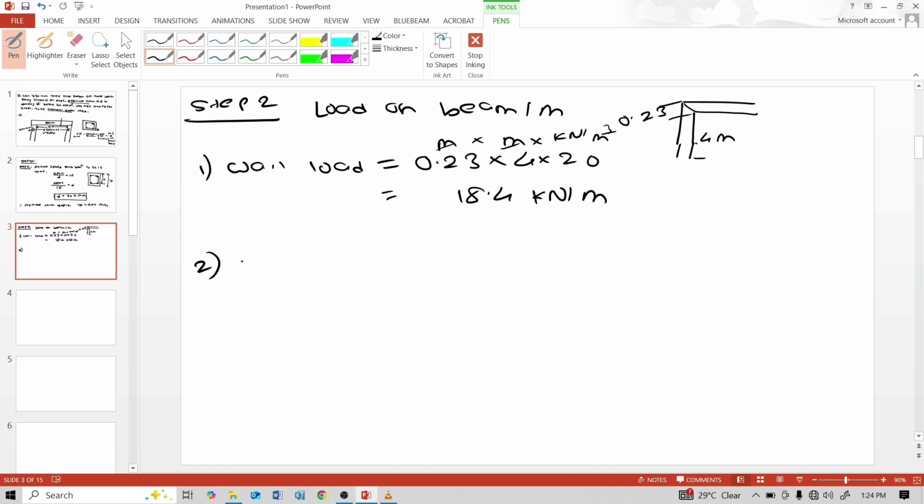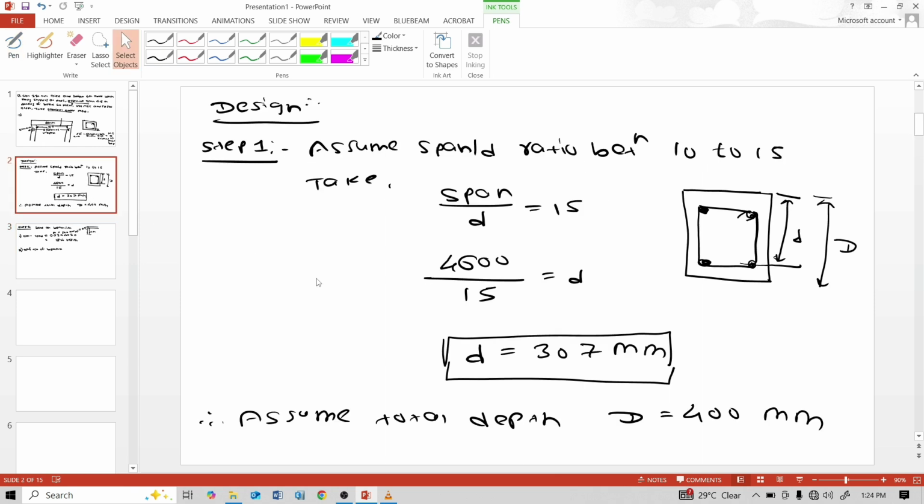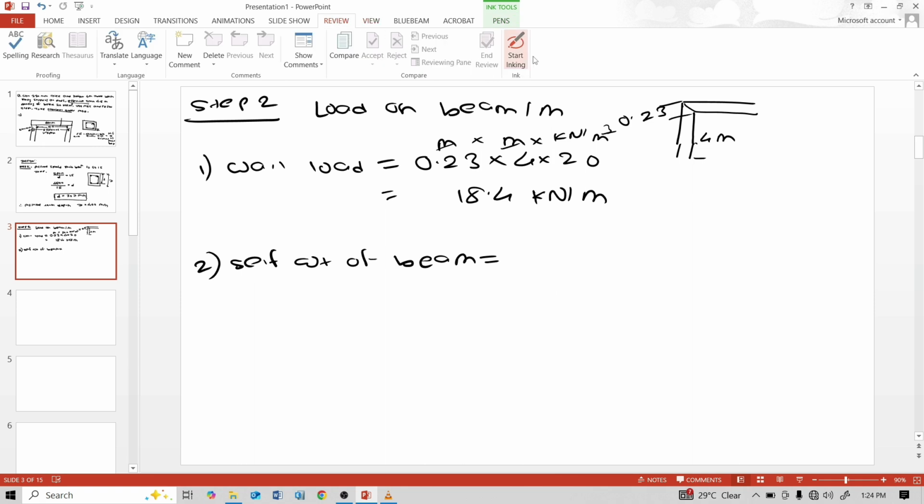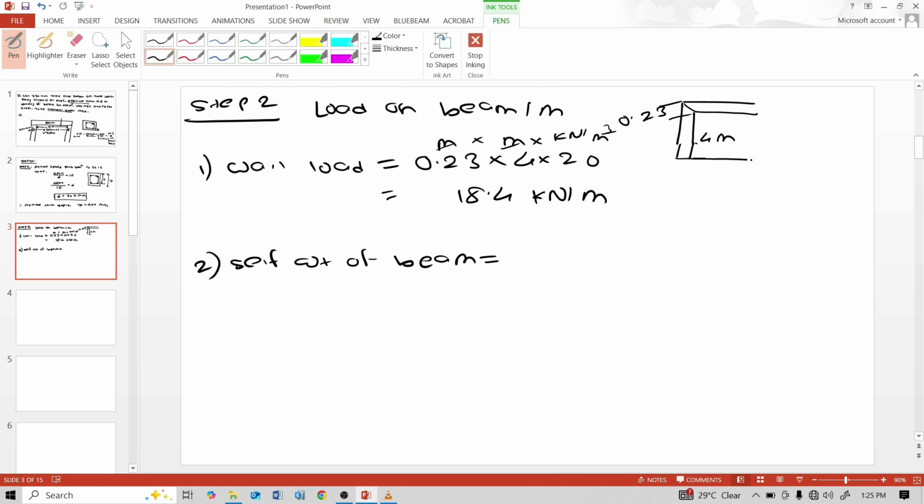2. Self weight of beam. We assume 400 depth of beam, and width of beam is similar to the wall width. So we take beam similar width as a wall and depth 400.